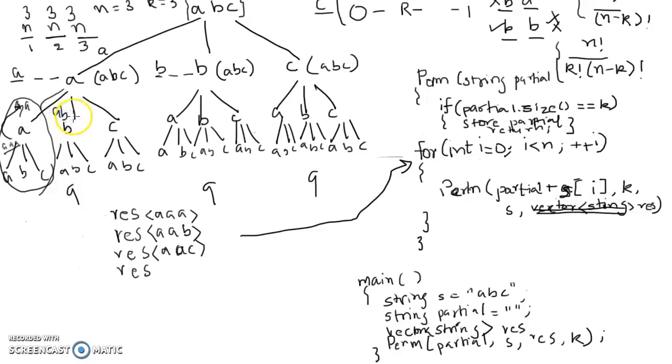If you have partial AB, and then it calls permutation again with I equals 0, it's going to select A again. So we select AB, and then A again, and then AB would do 2 more iterations, because the size of the subset is 3, and we already have 2 here. So we are just going to add 1 more to each of these. So that would be ABB and ABC, and then we'll be done with this.